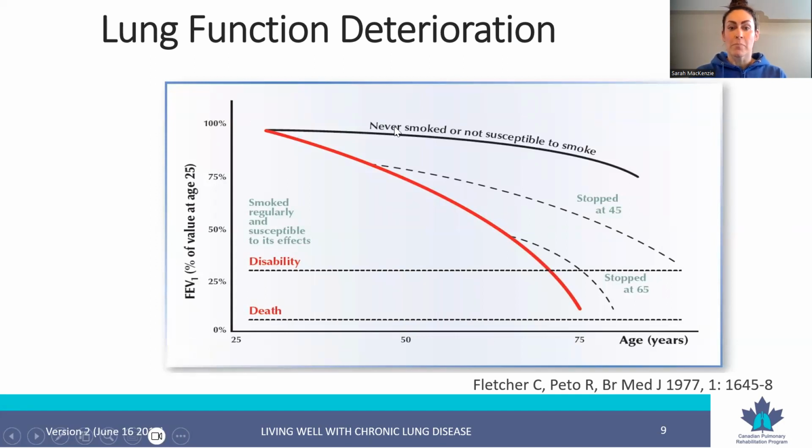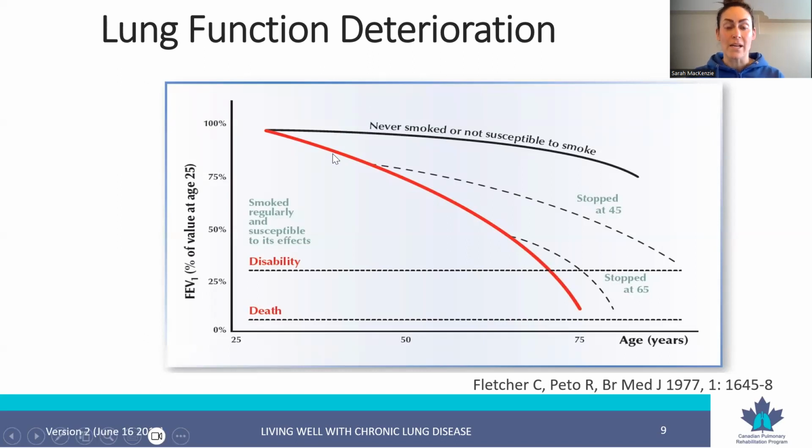Okay, so the black line here is if you never smoked or you're not susceptible to smoke, no exposure to smoke in your life. As we age, our organs and our bodies age too, right? So all of our organ function will deteriorate over time. That's why eventually we will need glasses, hearing aids, all of those types of things. So that's happening with the lungs as well.